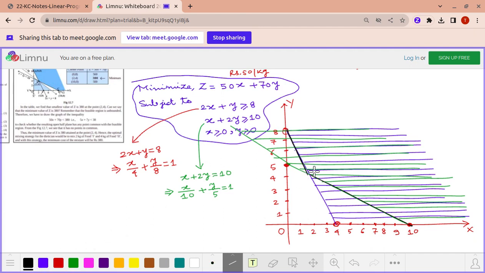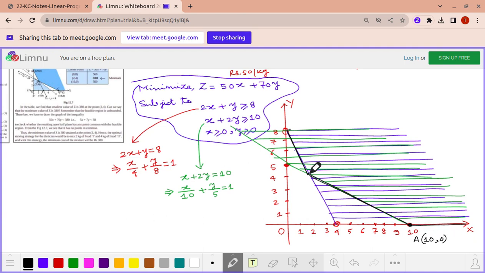So, this is the feasible region, whatever I am marking in the black color. That is the feasible region, and it is an unbounded region. Okay, so that is why some special case has to be organized here. What are the points we are getting here, dear students? Suppose this is the point A, with coordinates 10, 0.